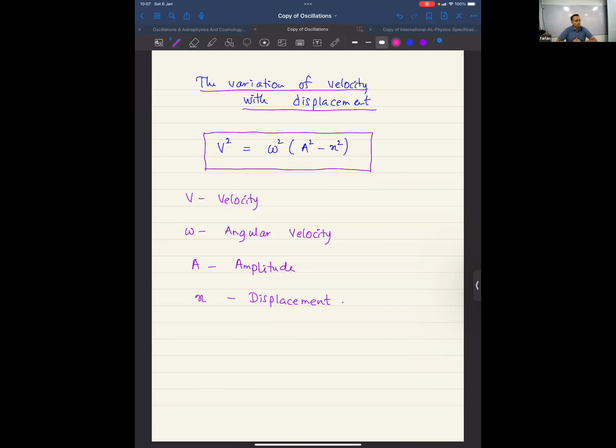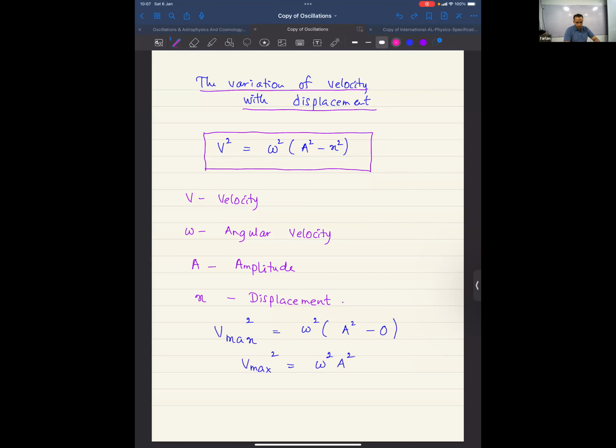Okay. Right. Guys, the velocity is maximum where? At the equilibrium point. That is when x is equal to 0. So we can find an expression for the maximum velocity of the particle in simple harmonic motion by substituting x equals 0.